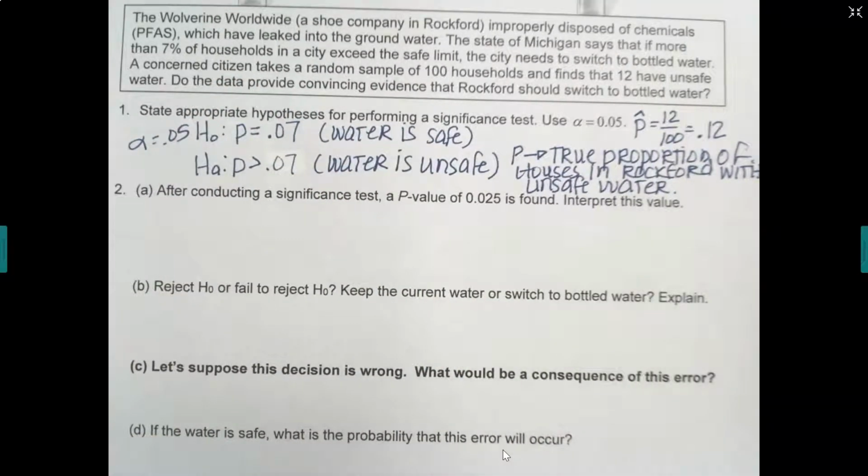So after conducting a significance test, a p-value of 0.025 is found. So we want to interpret just the p-value.